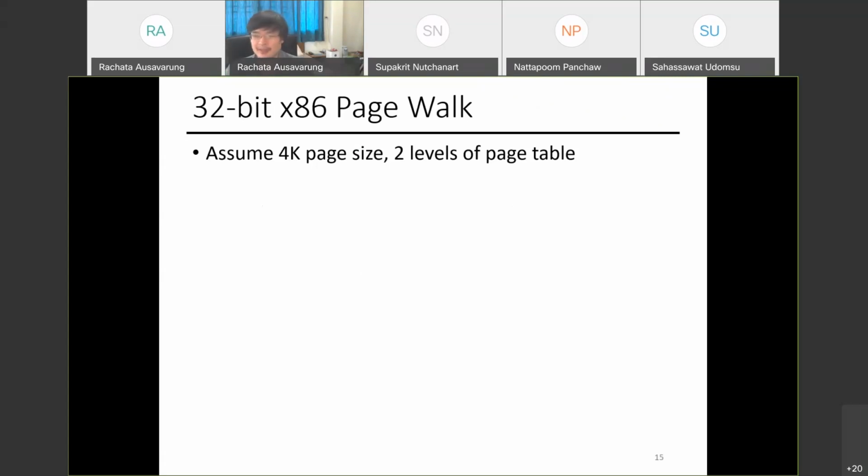How many bits? I think how many bits is a little bit easier. It's a log2 of, I need to be able to tell each individual byte inside the 4 kilobyte region. So how many bits do I need here?